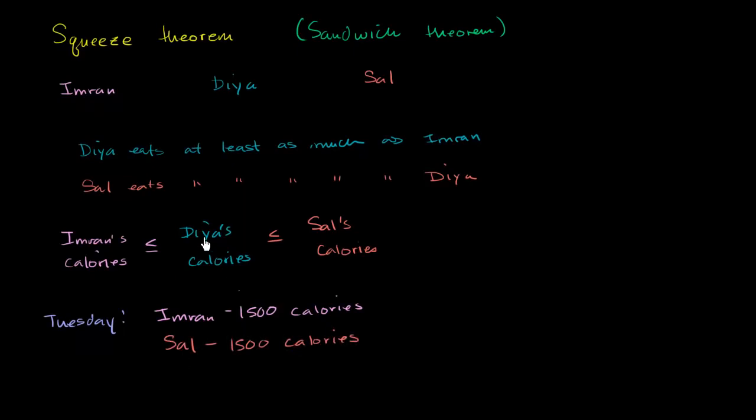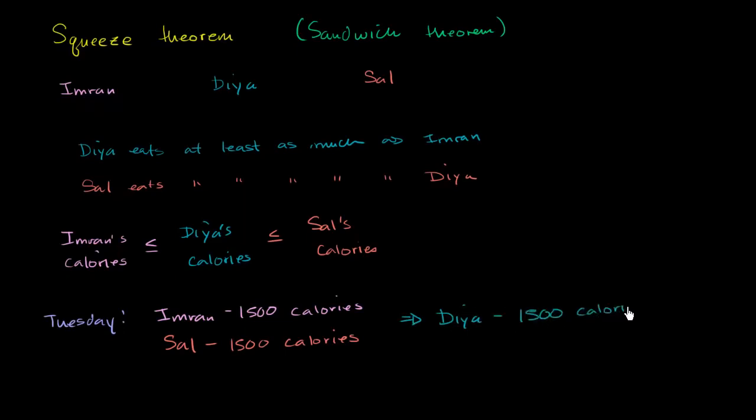Well, she always eats at least as many as Imran, so she ate 1,500 calories or more, but she always eats less than or equal to the number of calories Sal eats. So it must be less than or equal to 1,500. Well, there's only one number that is greater than or equal to 1,500 and less than or equal to 1,500, and that is 1,500 calories. So Dia must have eaten 1,500 calories. This is common sense.